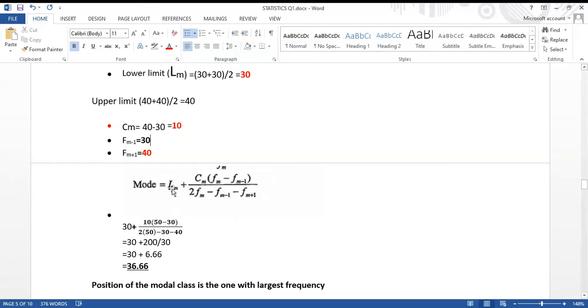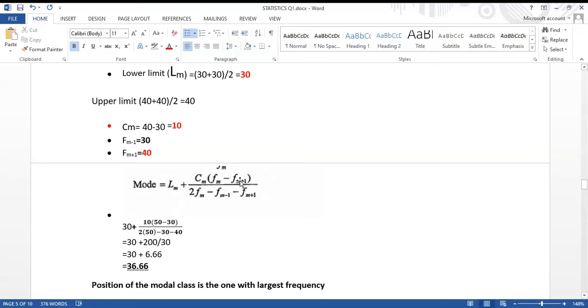Okay. LM means the lower limit of the model class. CM, this is the class width of the model class. FM, this is the frequency of the model class.